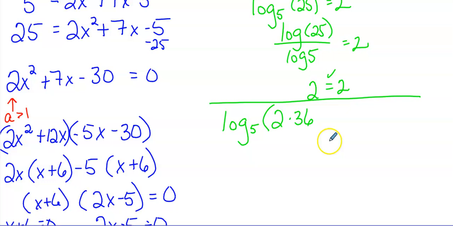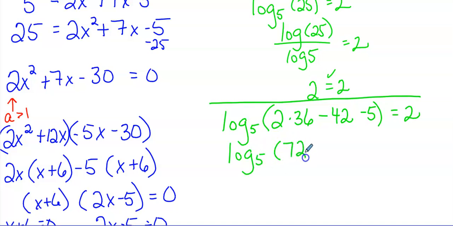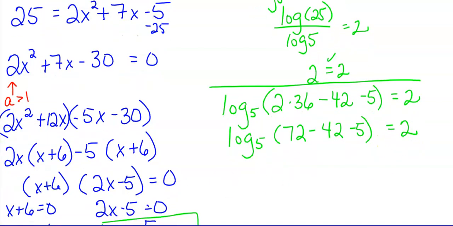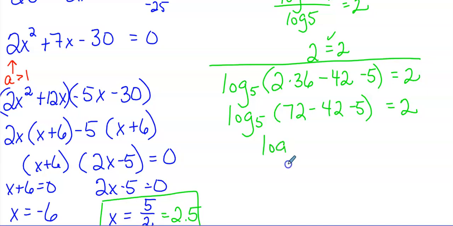I'll go ahead and fill that in. Minus 42, because 7 times -6, minus 5. So that is 72 minus 42 minus 5. That's 25. Which is the same thing we got above.